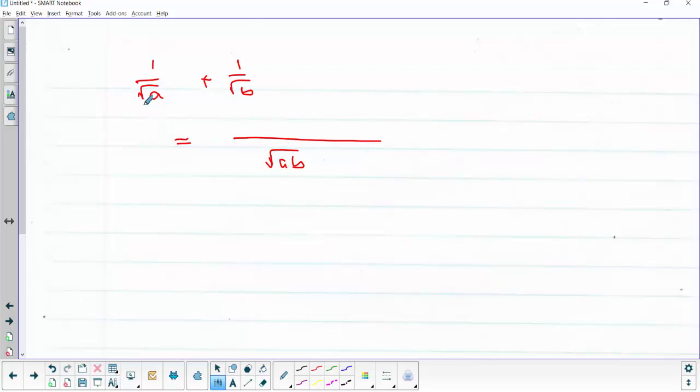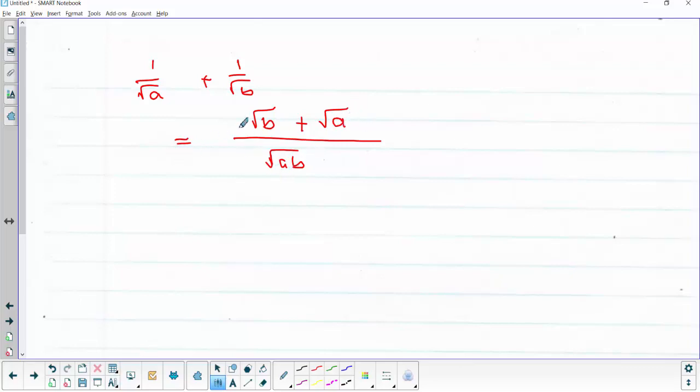The root of a into the square root of ab gives us the square root of b, multiplied by 1 gives the square root of b, plus the root of b into the root of ab gives us root a, multiplied by 1 gives root a.